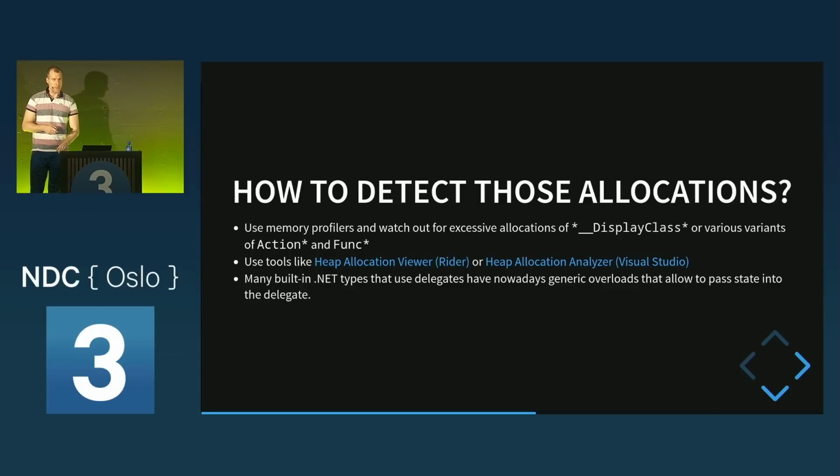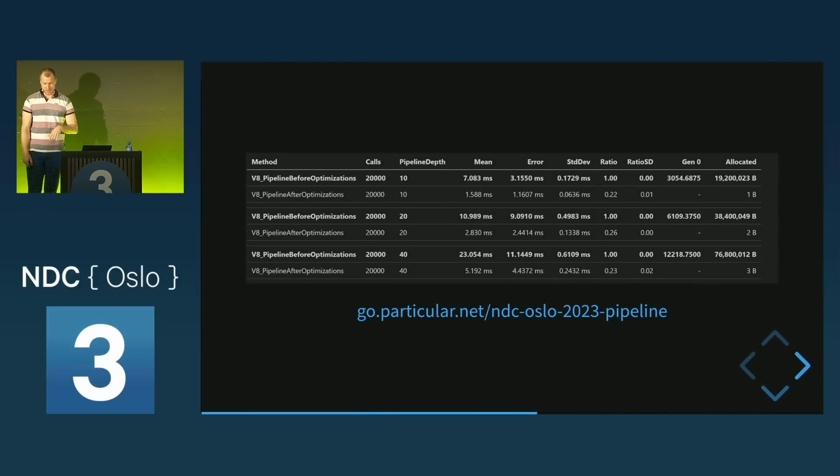But now you may be thinking, but really all this gymnastics just to get rid of 2 allocations? Why would I even care, right? And I brought something from my project. So I work for a company called Particular Software, and we have a queuing abstraction library in place that fetches messages from Azure Service Bus, RabbitMQ, SQS, SNS, whatever.